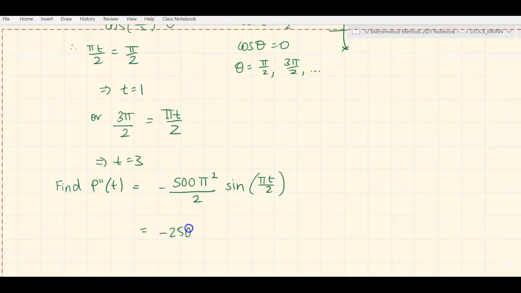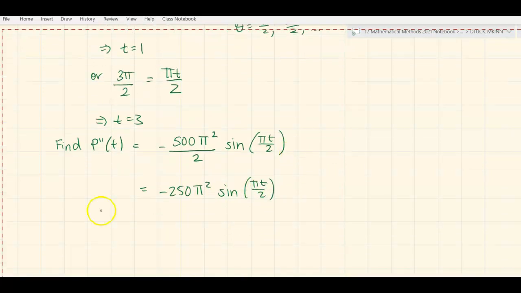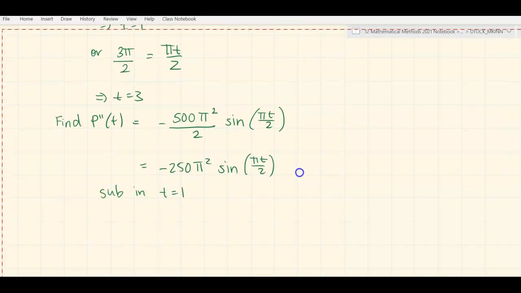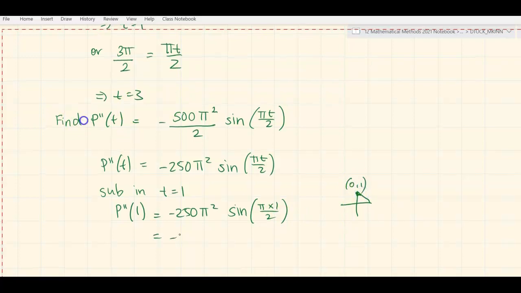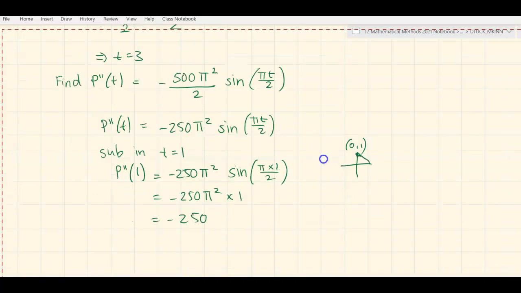And we're going to sub in t equals 1 into that to see if it's going to come out positive or negative. So P double dash of 1 is negative 250 pi squared sine of pi times 1 on 2. Sine of pi on 2 is 1. So we've got negative 250 pi squared times 1, which is negative 250 pi squared, which is less than 0, which means it is a maximum.